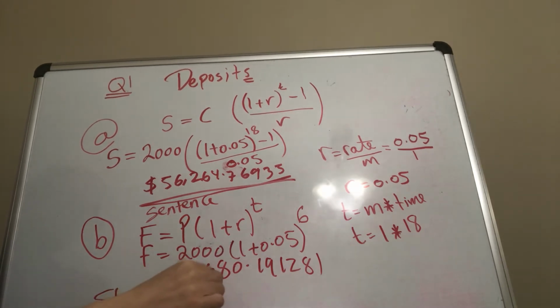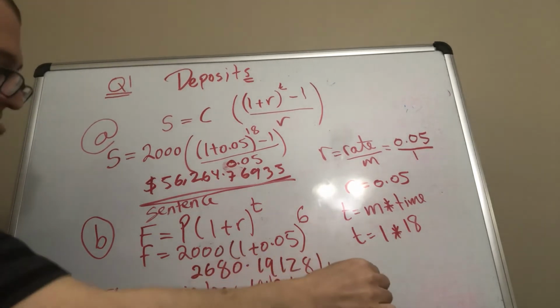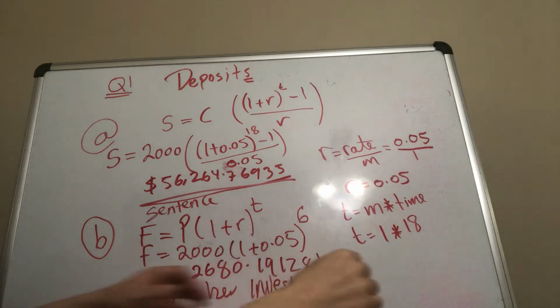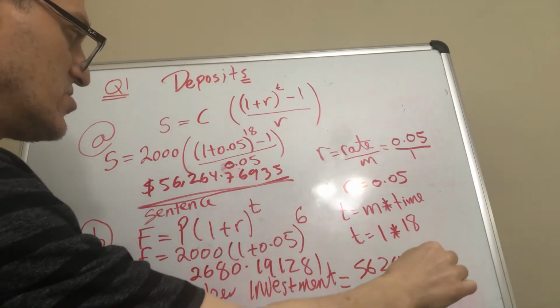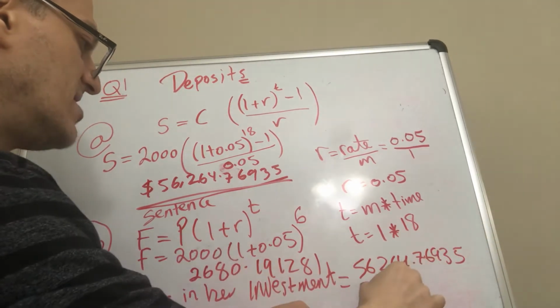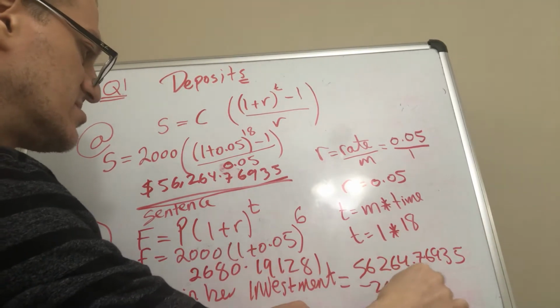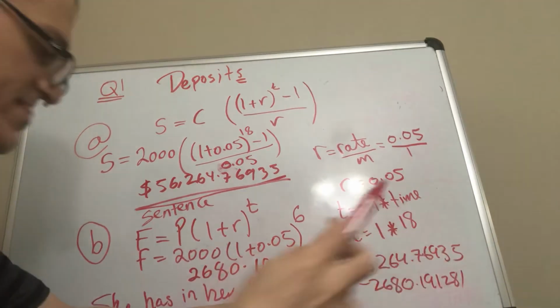So that means she has in her investment the 56,264 minus this 268.191281.